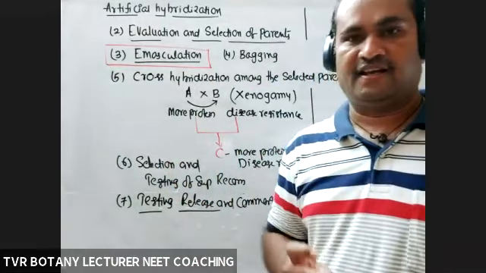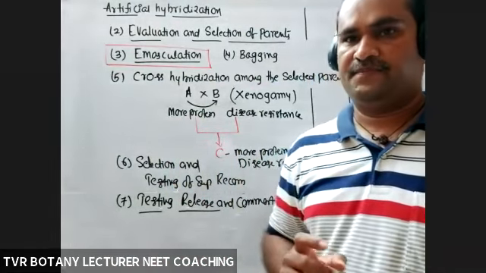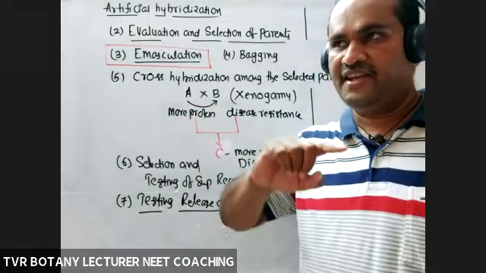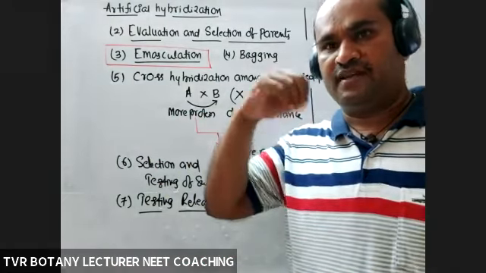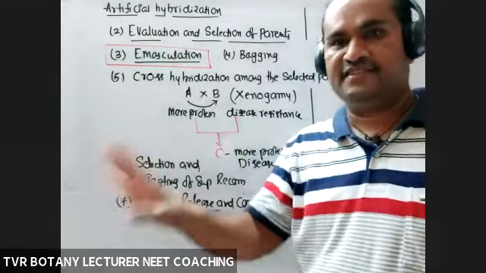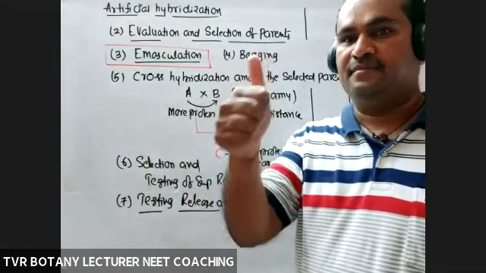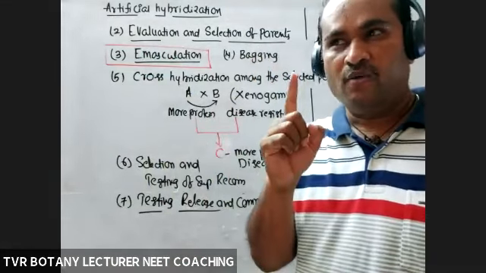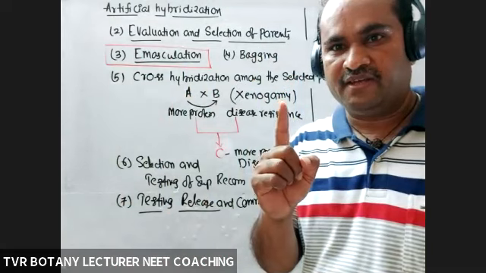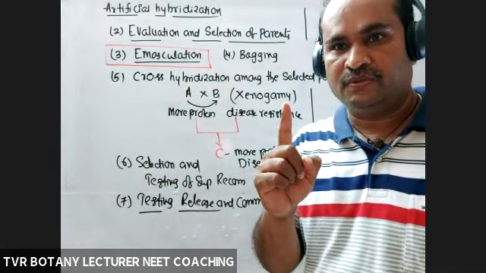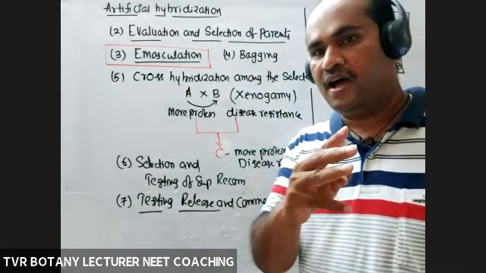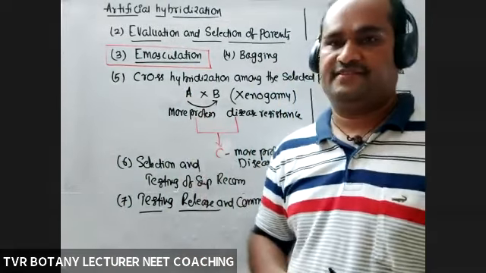Winter season or not? Summer season or not? If the variety is able to grow in rainy season, winter season, summer season, that is the best variety. So we have to select a hybrid variety which is able to grow in all 3 growing seasons.